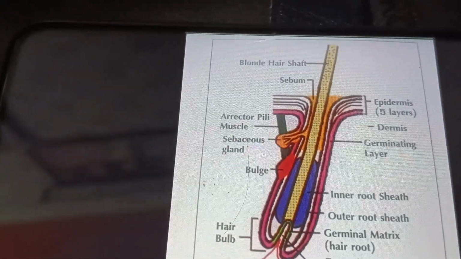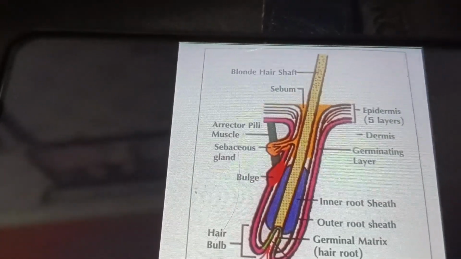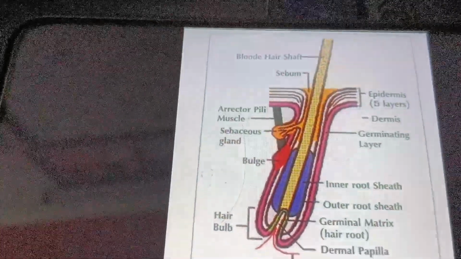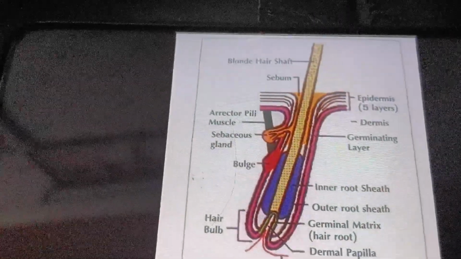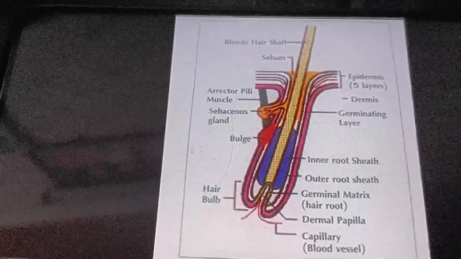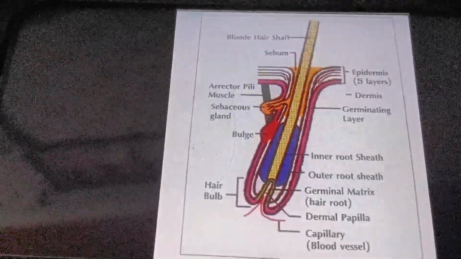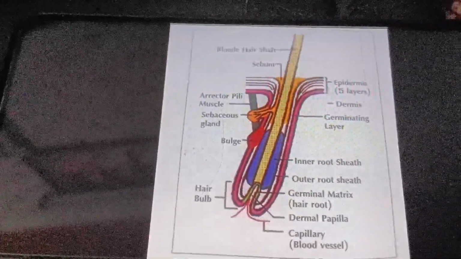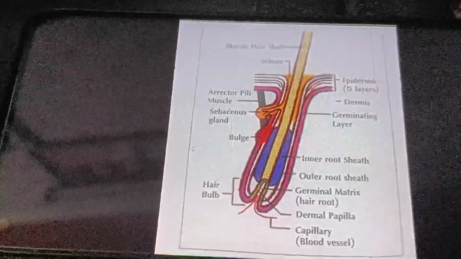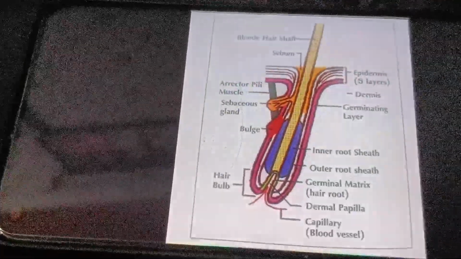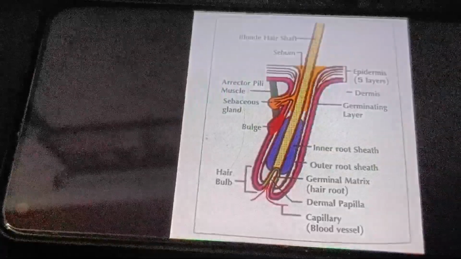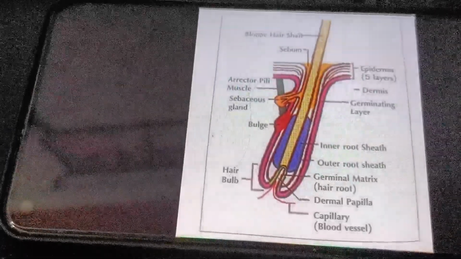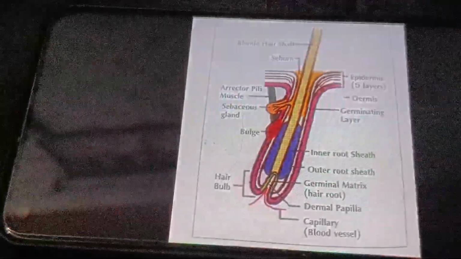Fifth is the sebaceous glands. These are the oil glands of the skin connected to the hair follicle. The sebaceous glands secrete an oily substance called sebum, which lubricates the hair and skin.